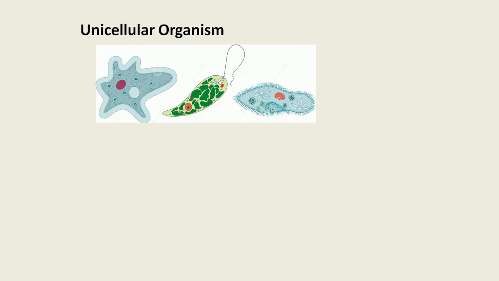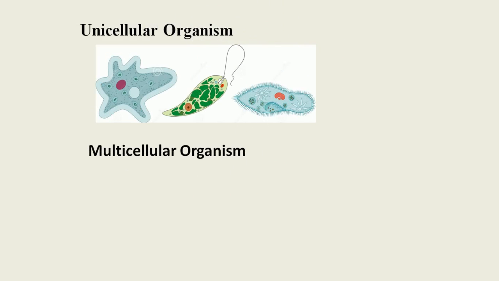Then another parameter comes: unicellular organisms or multicellular organisms. Unicellular organisms have a nucleus and a single-cell life, for example Amoeba, Euglena, Paramecium, then Opalina. These are different organisms that are unicellular.